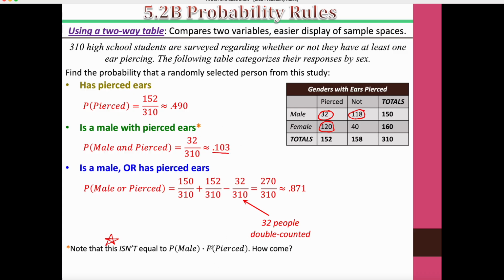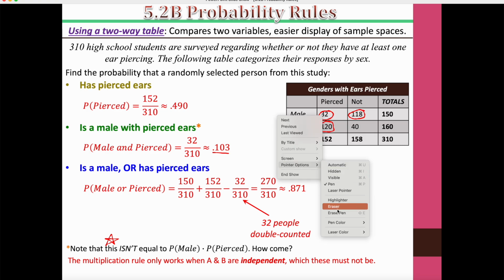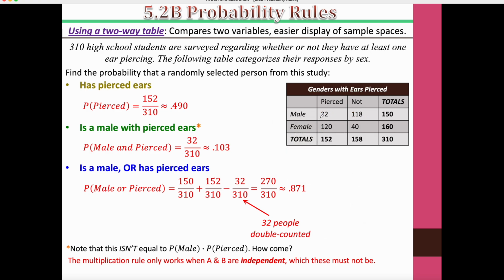So why not? Well, remember that this multiplication rule only works when the two variables are independent. And if I ask you, is somebody's sex and their pierced ear status independent, you would say absolutely not, because, let me clear out all the mess here. Look, we could actually see that males are considerably less likely to have pierced ears than females, which indicates that somebody's sex is not independent of their ear pierced status at all.